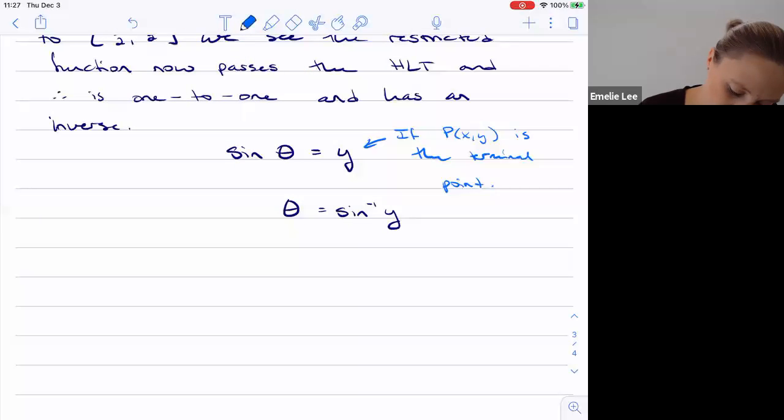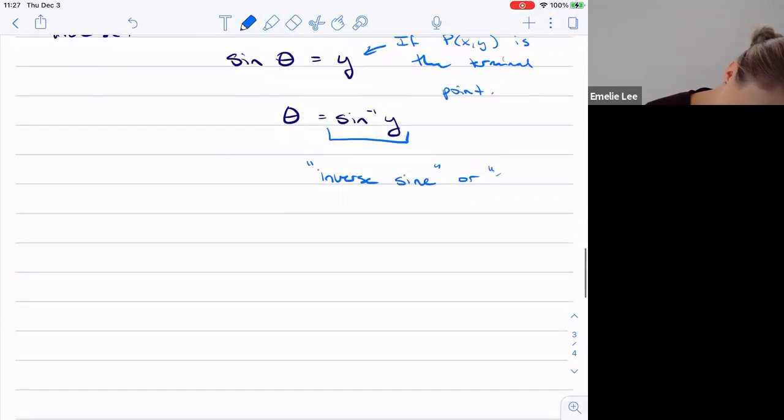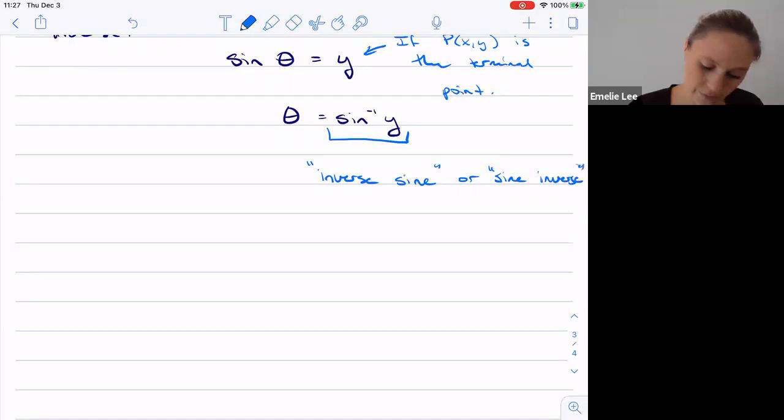And how we read this is the inverse sine or sine inverse of y.